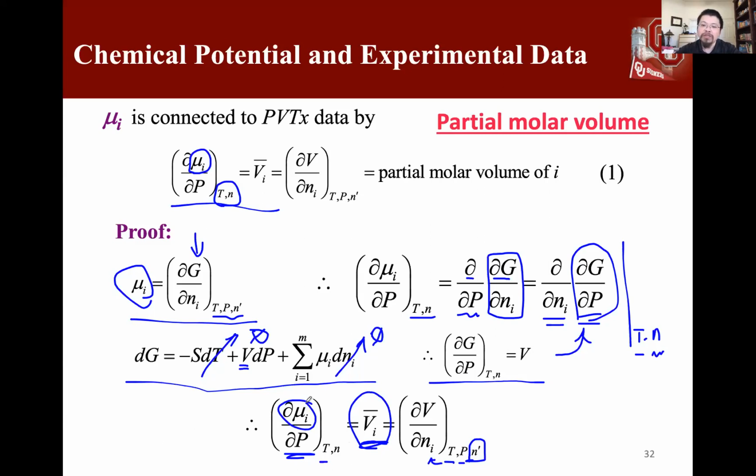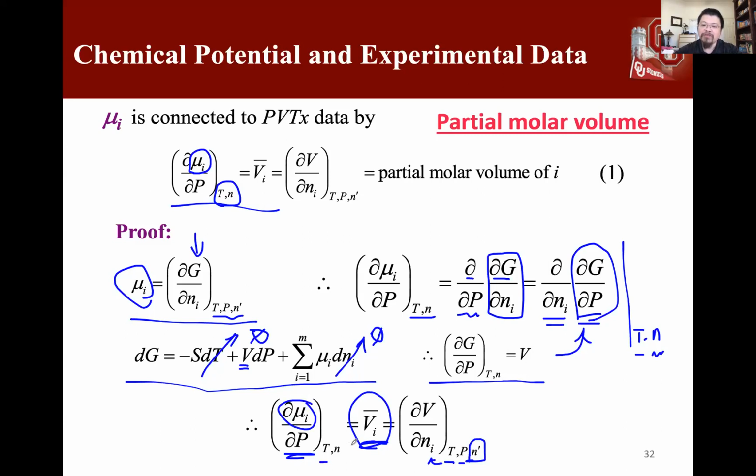We were puzzled that we need to satisfy temperature, pressure, and chemical potential if we want to tell whether the system is at equilibrium or not. But previously we were puzzled that chemical potential is quite abstract. We don't know how to measure or monitor it.